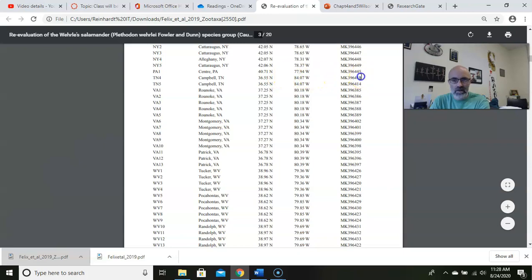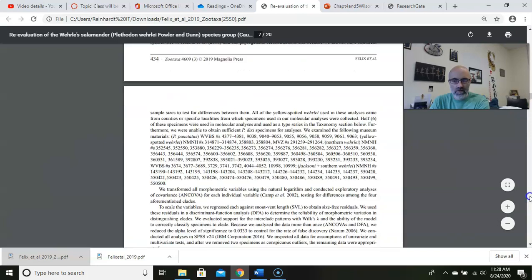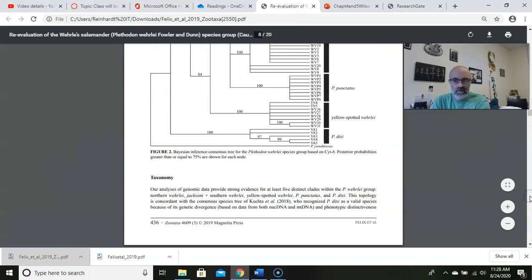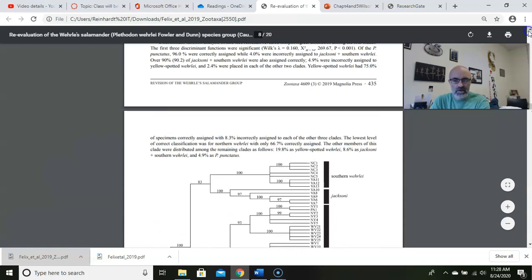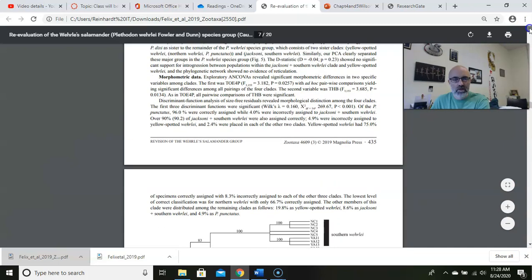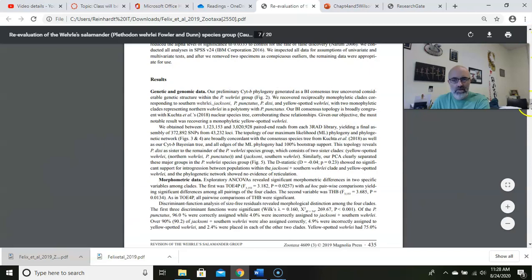And this is where you find that sequence. Okay, this is where it falls out in the Site V phylogeny. So those are all individual whirly salamanders. This is the description of that tree, right?